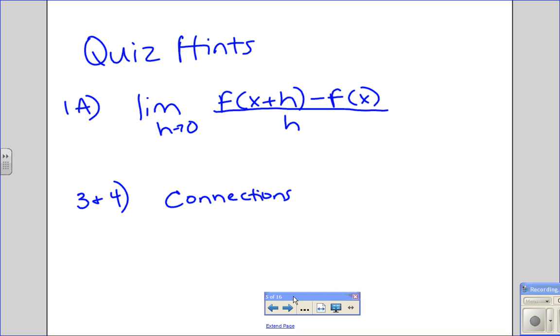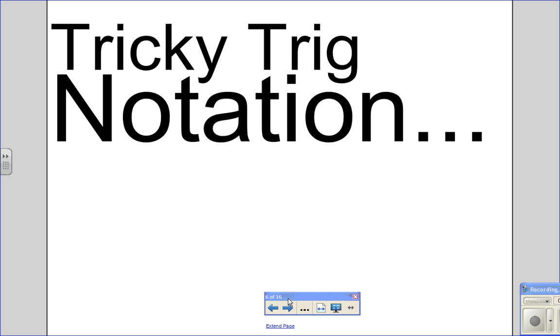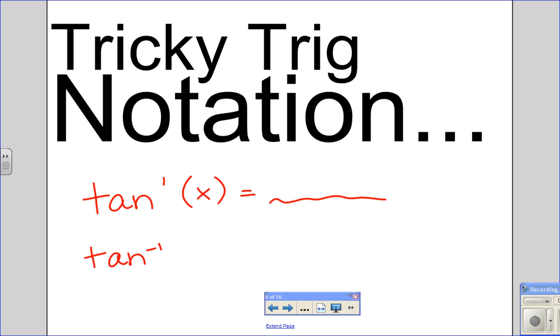Okay, moving on to today's stuff. There's one thing I want to clarify real quick before we start trigonometry, and that is this. Sometimes you might see this notation. That is the derivative of tangent, and so that's taking the derivative of tangent. That is different from this. I do not want you to get confused because this is the inverse.